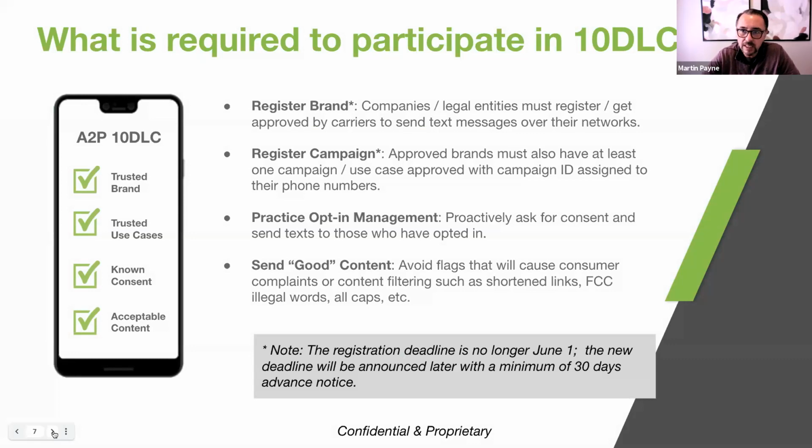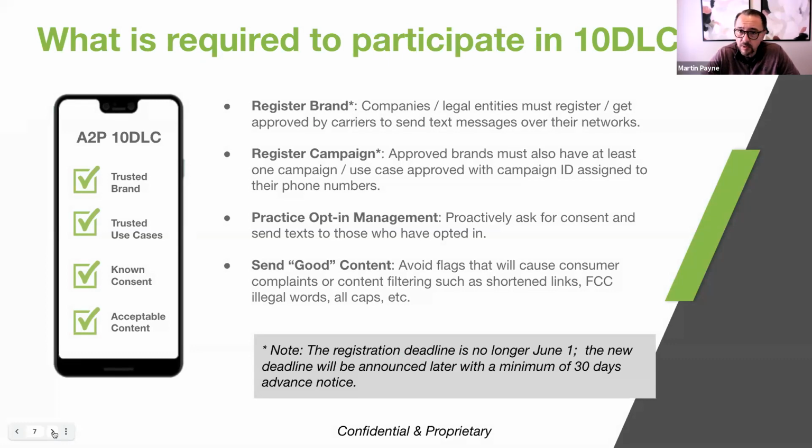So what is required to participate in 10DLC? Well, there's really four things at the highest level. The first couple have to do with registration, and then the third and fourth have to do with ongoing management and execution. But first and foremost, you've got to register your company, or your brand, as they call it, which really is registering your legal entity.